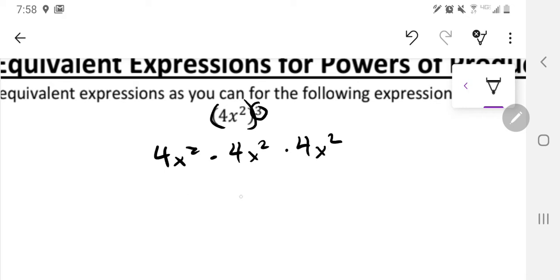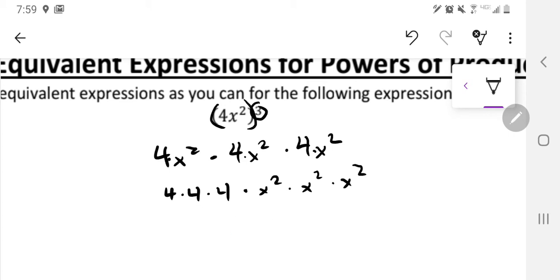All right, so now we can use the commutative property because we notice that we have a bunch of factors, no other operation but multiplication. So we're going to take these numbers and group the 4's together. We got 3 of those, and we got our 3 x squareds.